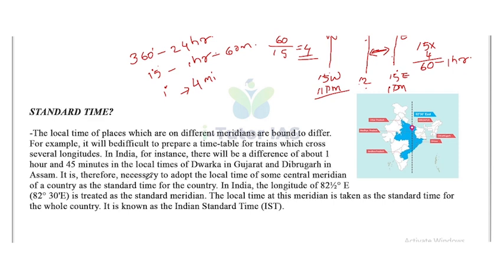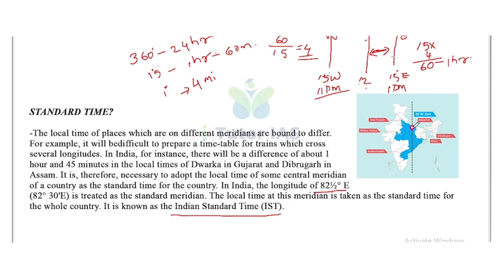It is therefore necessary to adopt the local time of some central meridian of a country as the standard time for the country. In India, the longitude of 82.5 degree east, that is 82 degree 30 minute east, is treated as the standard meridian. The local time at this meridian is taken as the standard time for the whole country. It is known as Indian Standard Time, that is IST.